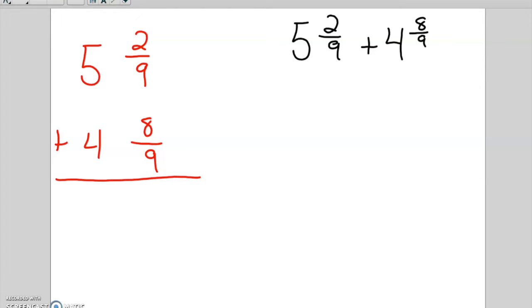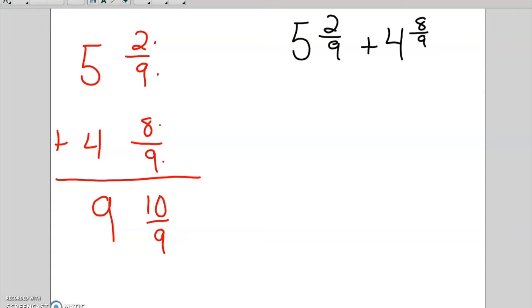So first, we just start with the fractions, kind of like what we did yesterday, right, when we added fractions, and the day before on this one. So we have common denominators already of 9. So the bottom fraction, my denominator is 9. 2 plus 8 is 10. Okay. 5 plus 4 is 9. So now I have 9 10/9.